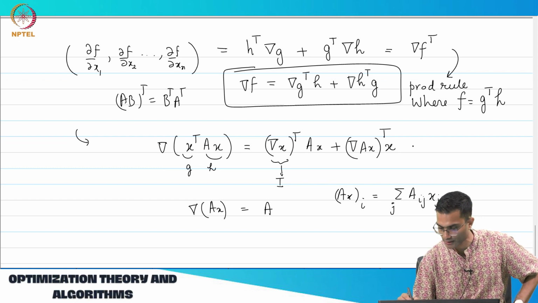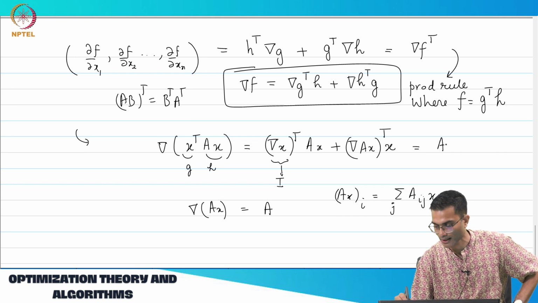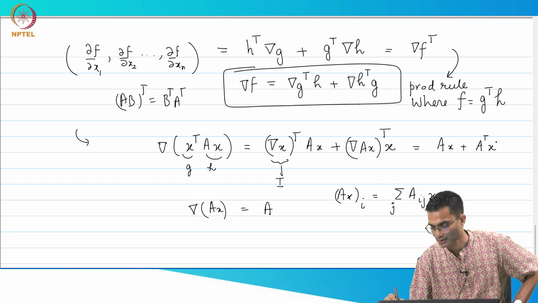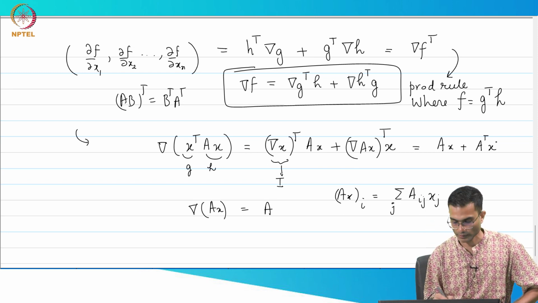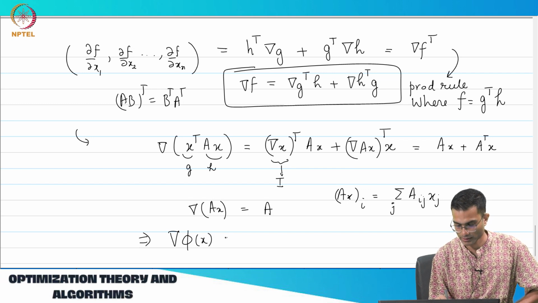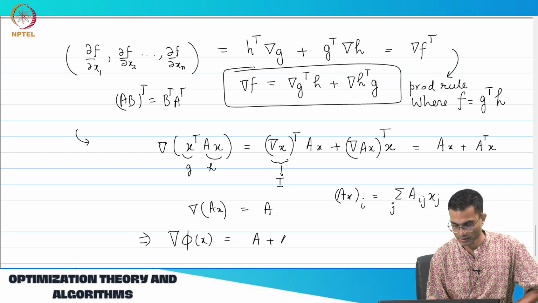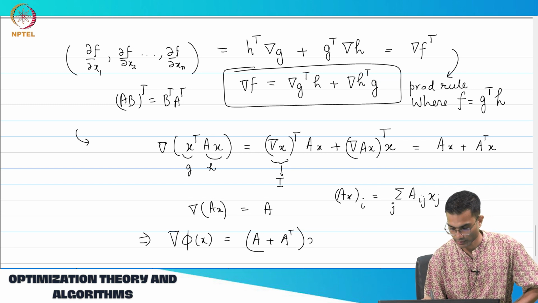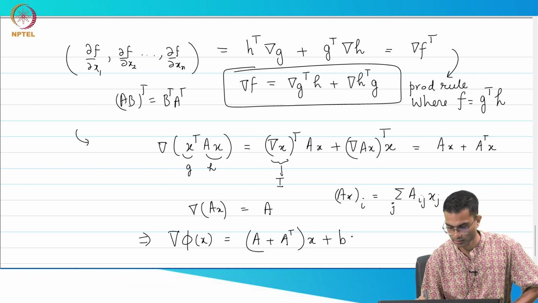So putting this together, what do I get? This is identity, I get Ax plus A transpose x. So finally, we get that grad of phi of x is (A plus A transpose) x plus b.